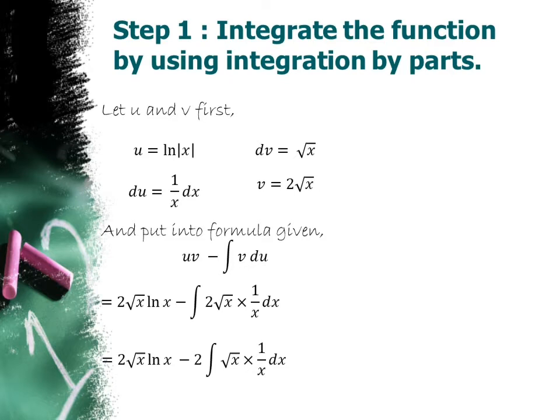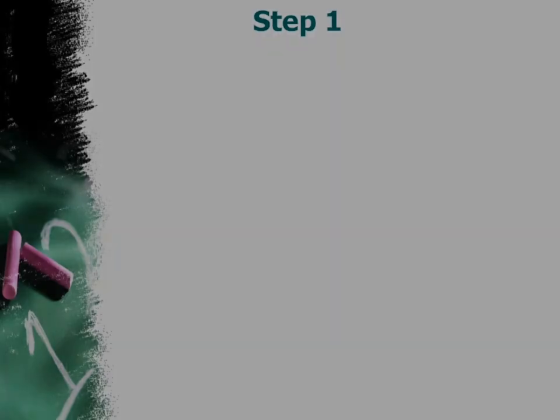Then we get 2 square root of x ln x minus the integral of 2 square root of x times 1 over x dx. After that, we pull out the 2 from that equation.